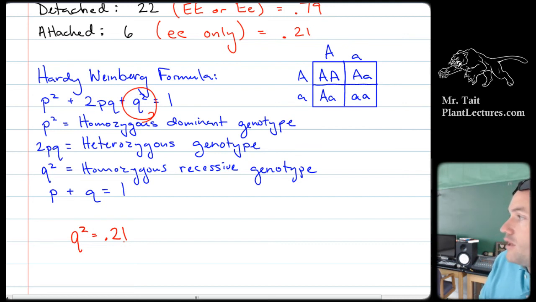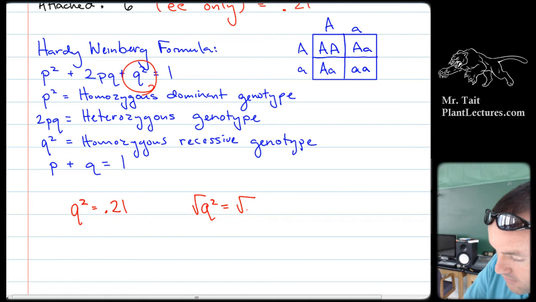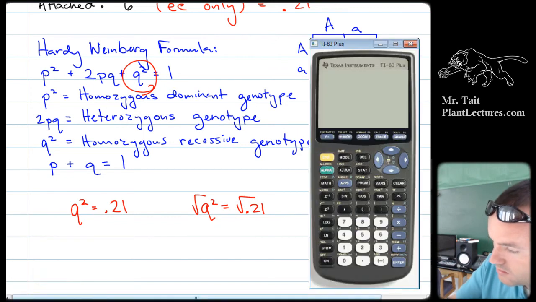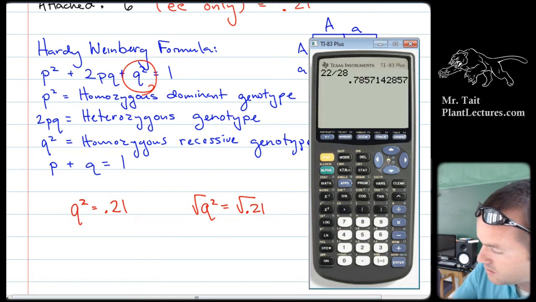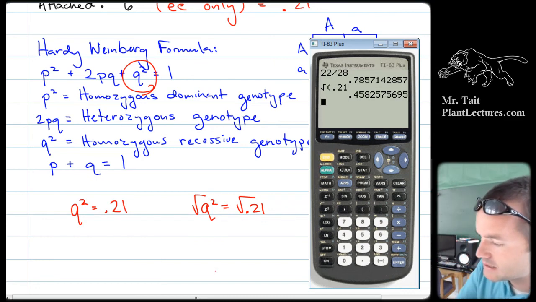So if I know that q squared is equal to 0.21, can I find q? How do I find q? The square root of q squared is obviously q, so q is equal to the square root of 0.21, which is 0.46.